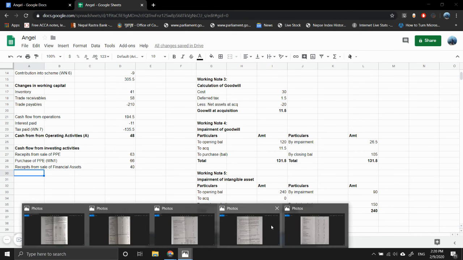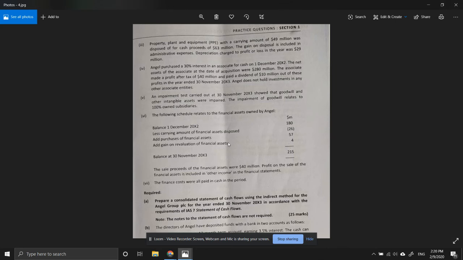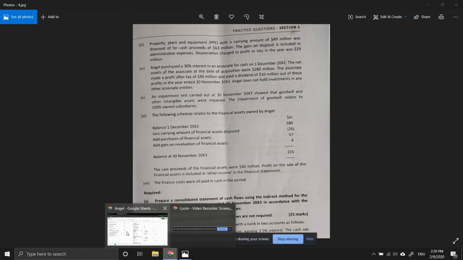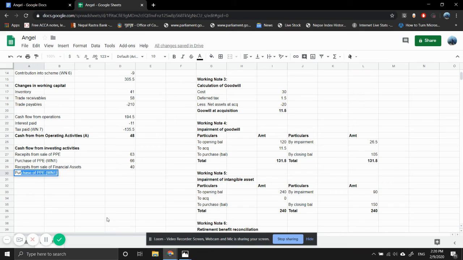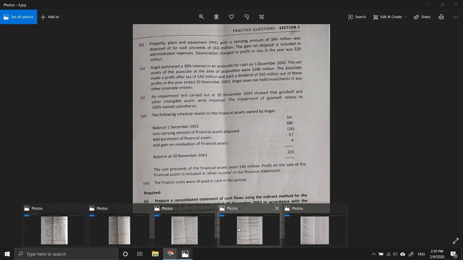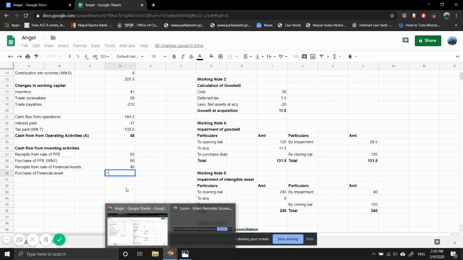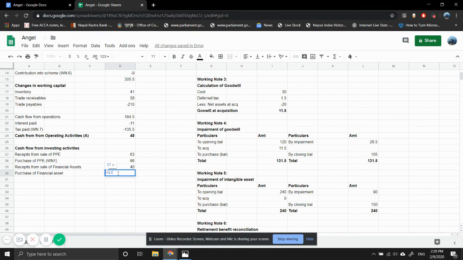Was there any purchase? Yep, purchase is also there, 57. Purchase of financial asset, 57. It will be minus, okay? It will be minus.